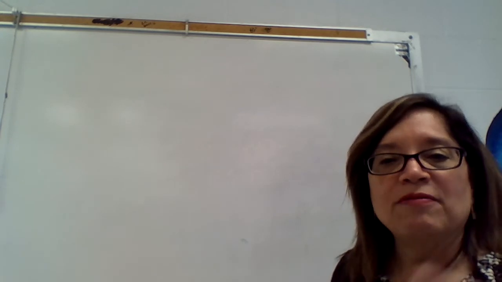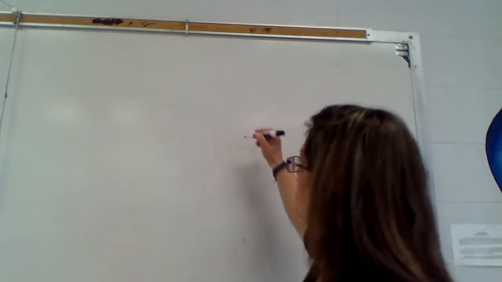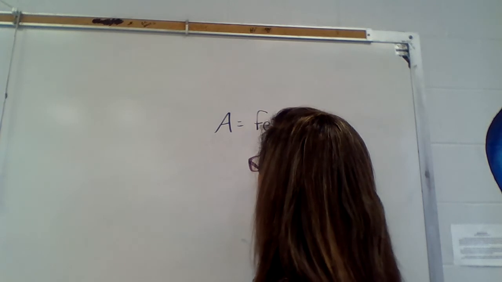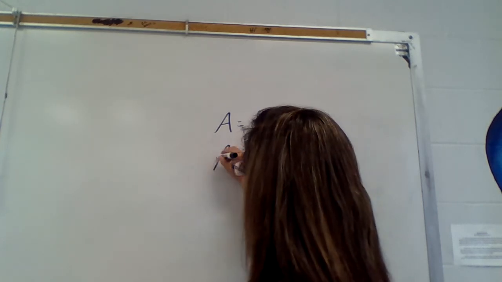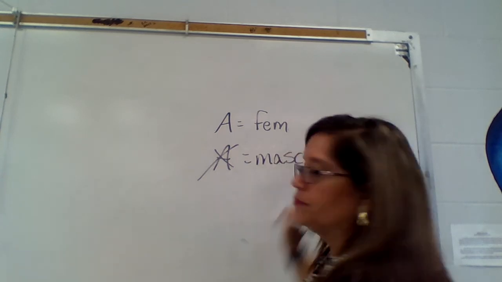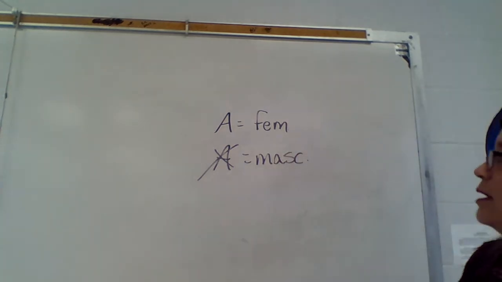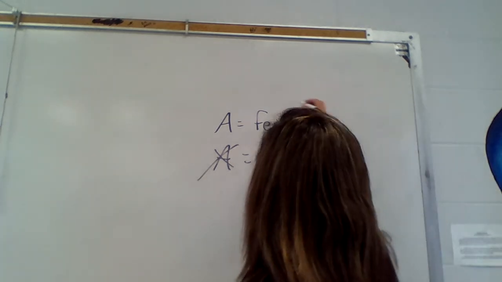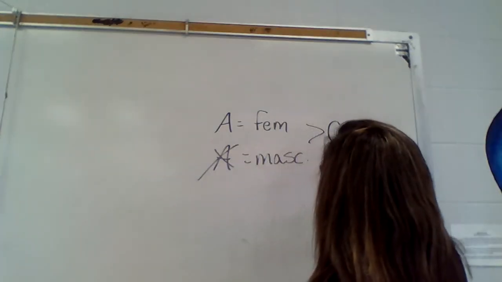Again, to know if the noun is feminine or masculine, remember the rule. If it ends with an A, it's feminine. If it ends with anything else that is not an A, it's going to be masculine. Okay. This is the gender of nouns.